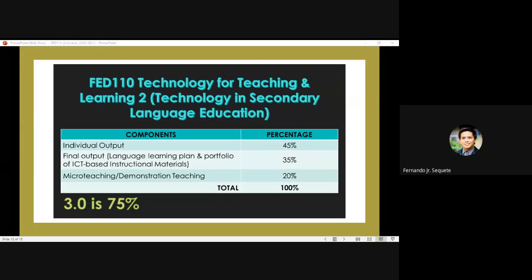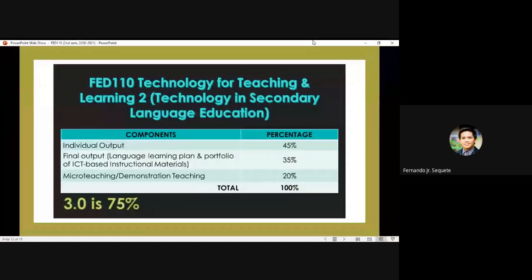Kung face-to-face pa ito and hindi ito educational technology na subject, yung iba papagawa talaga ng portfolio literal, yung nilalagay sa clear book, nilalagay sa folder. But for this, you will be putting all your collections of ICT-based instructional materials sa isang folder. And then that's the time that you will submit it. Yung folder sa laptop or computer.